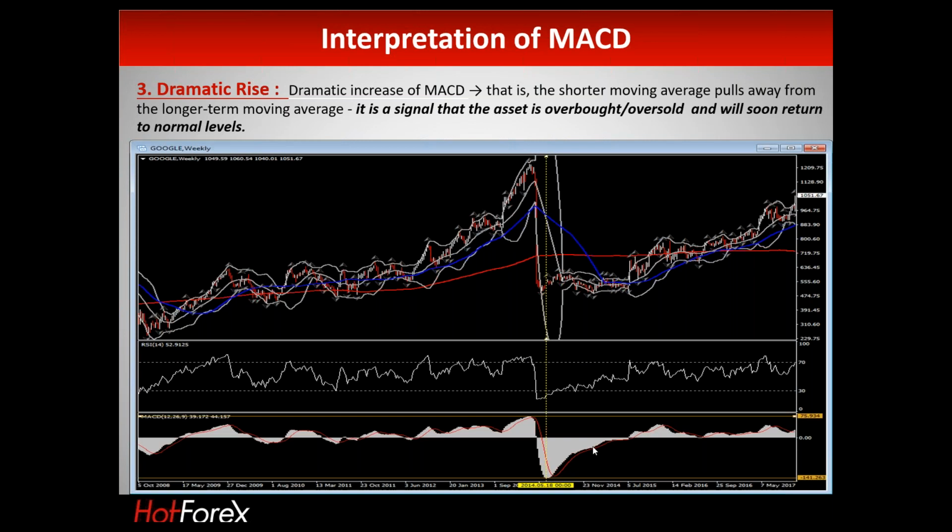It's going to get higher and go to more normal levels. The same can happen in an upwards movement. If you see extreme positive levels, then the asset is overbought, so it's likely to return to more normal levels.